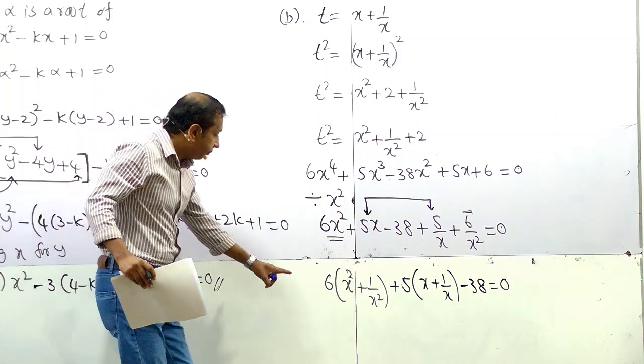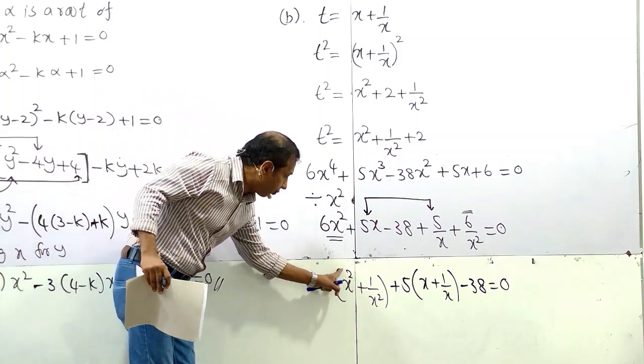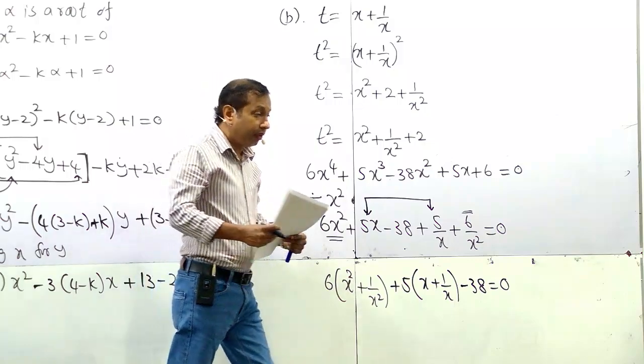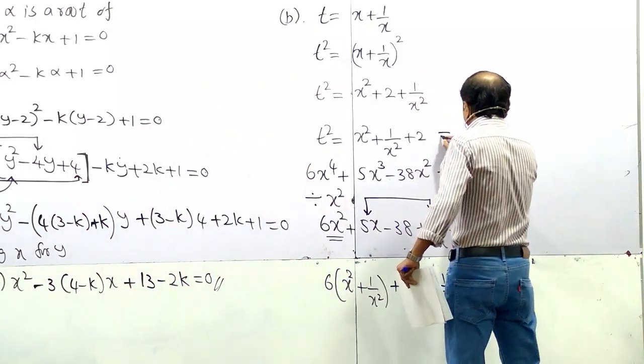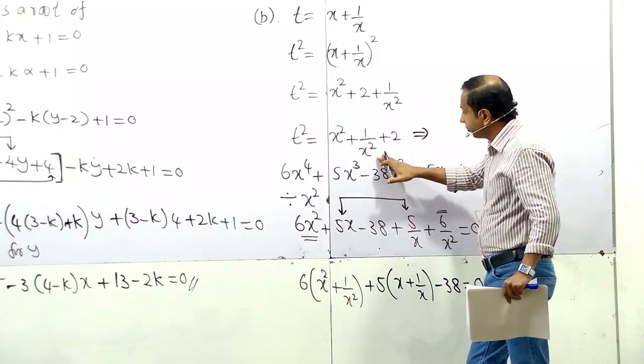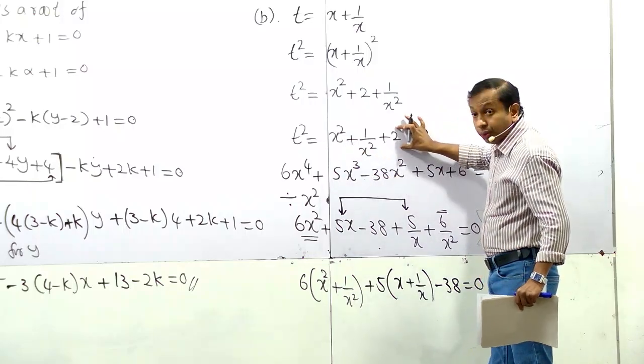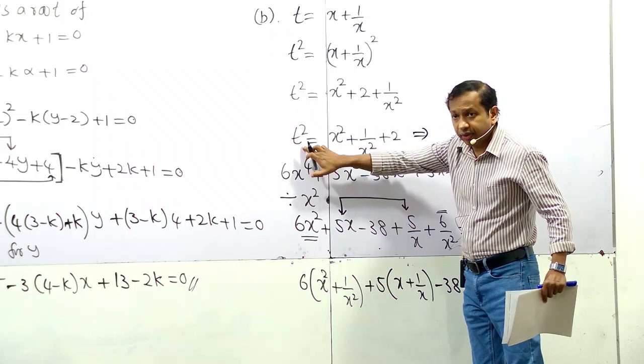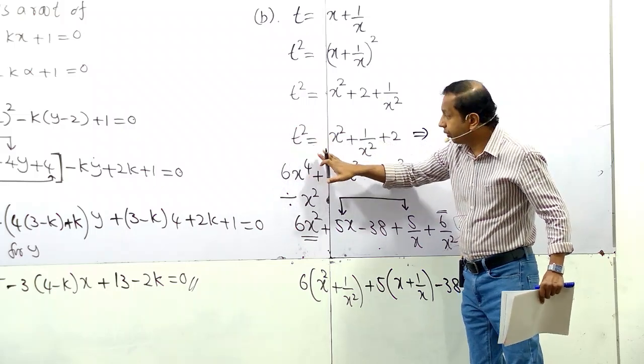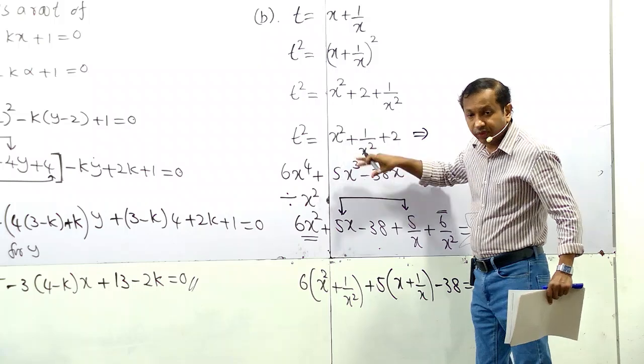Then here, within the first bracket we have x squared plus 1 over x squared. You can see by this relation, when you take this 2 to the left hand side, we get t squared minus 2 is equal to x squared plus 1 over x squared, right?